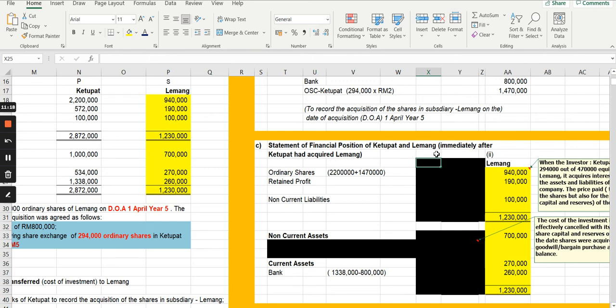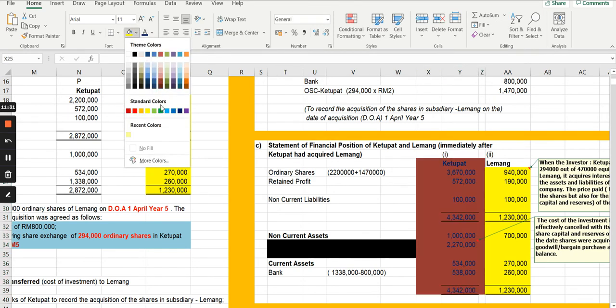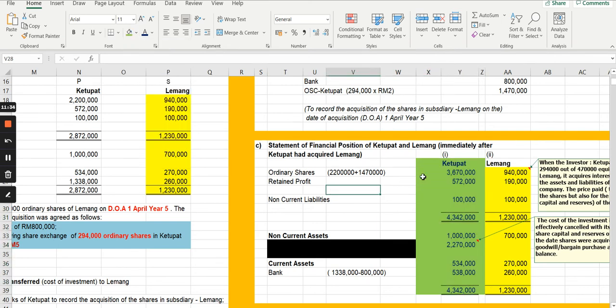Now we are going to do requirement number 1, which is to prepare the statement of financial position of Ketupat immediately after the acquisition of the subsidiary. So here you can see Ketupat. Before this, it was 2.2 million, sorry, and before. But after it becomes 3670. Why?